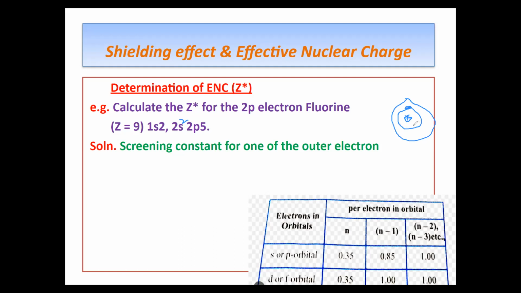One electron here, another electron here. How many electrons in the second orbit? For fluorine it would be 7. So here 1, 2, 3, 4, 5, 6, 7.